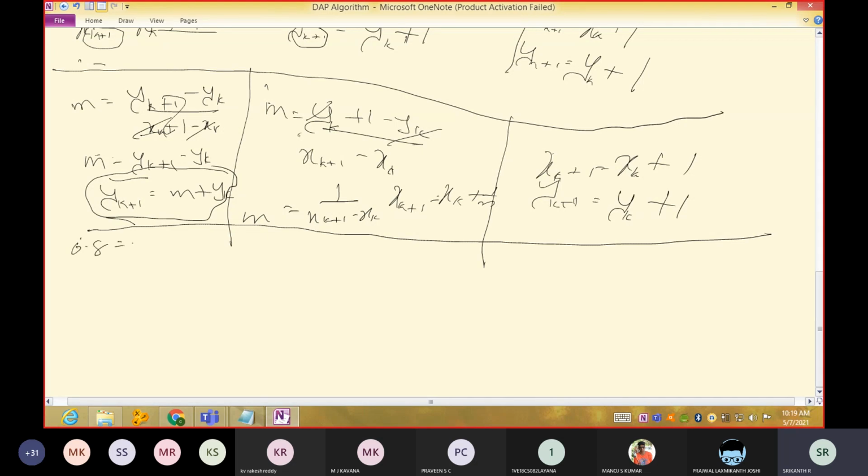Floor and ceiling rounding function, if it is 0.8, you can write it as 1 or 0.